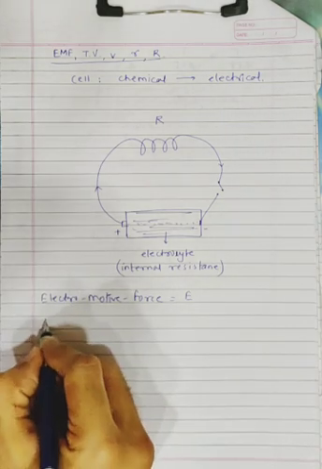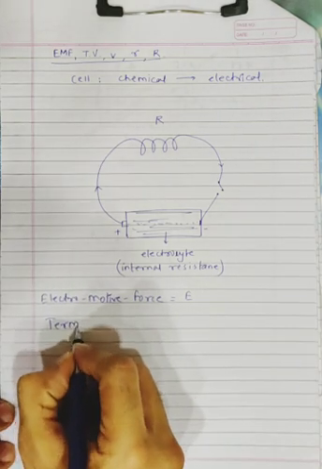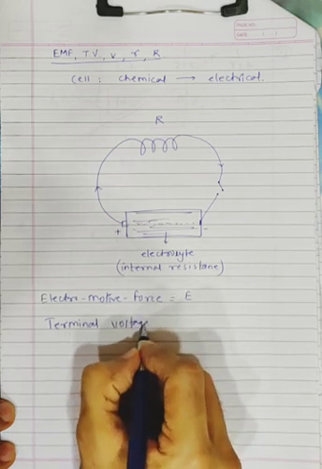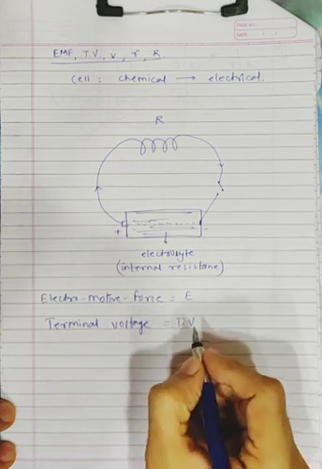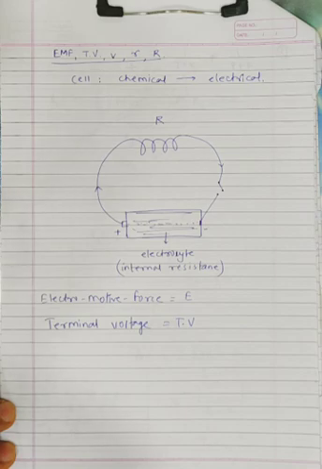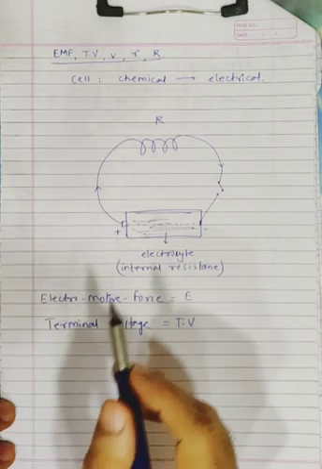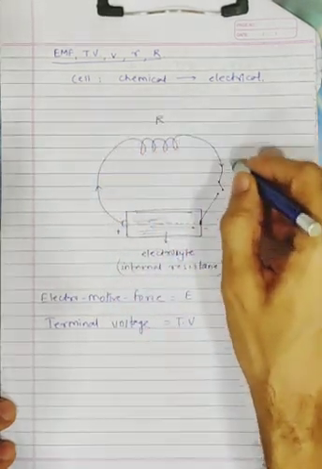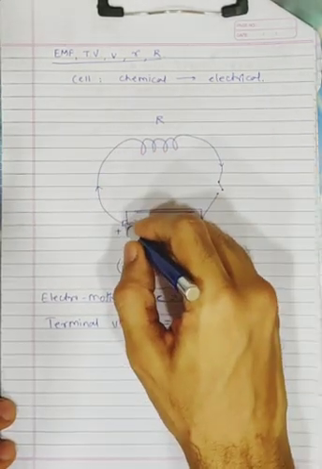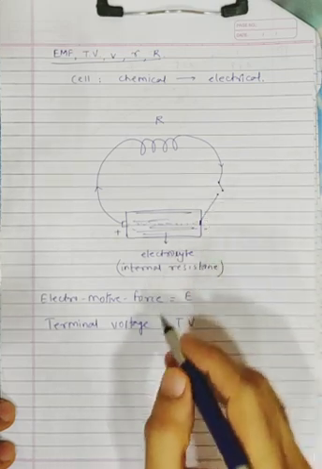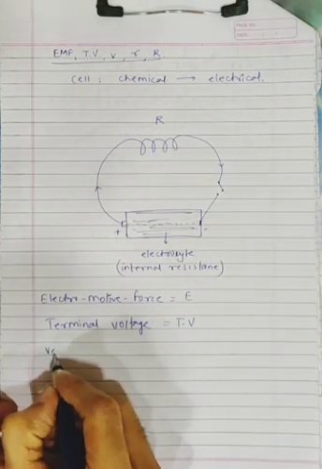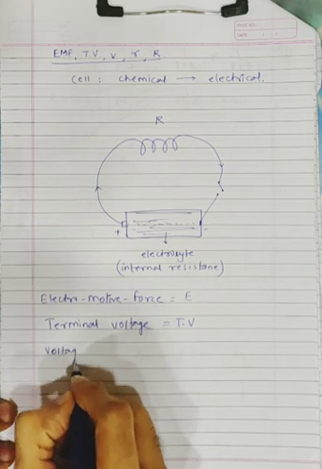Then the next term is terminal voltage. The symbol for terminal voltage is TV. What do you mean by terminal voltage? Terminal voltage is the voltage required to overcome the external resistance. The third term is the voltage drop.